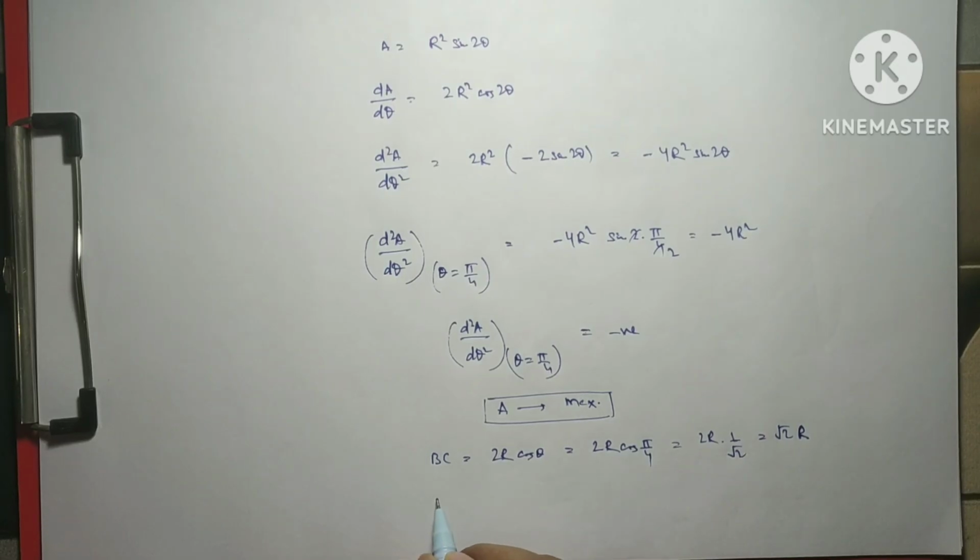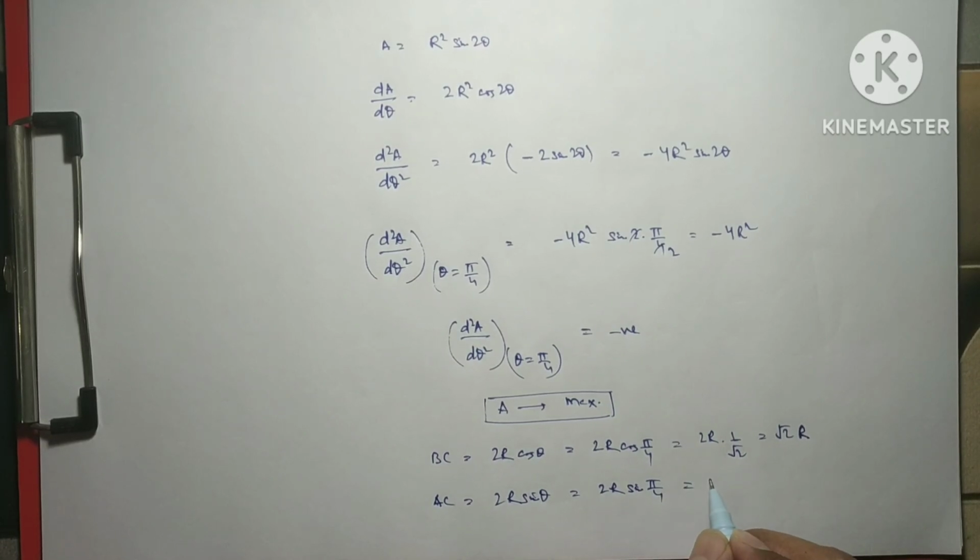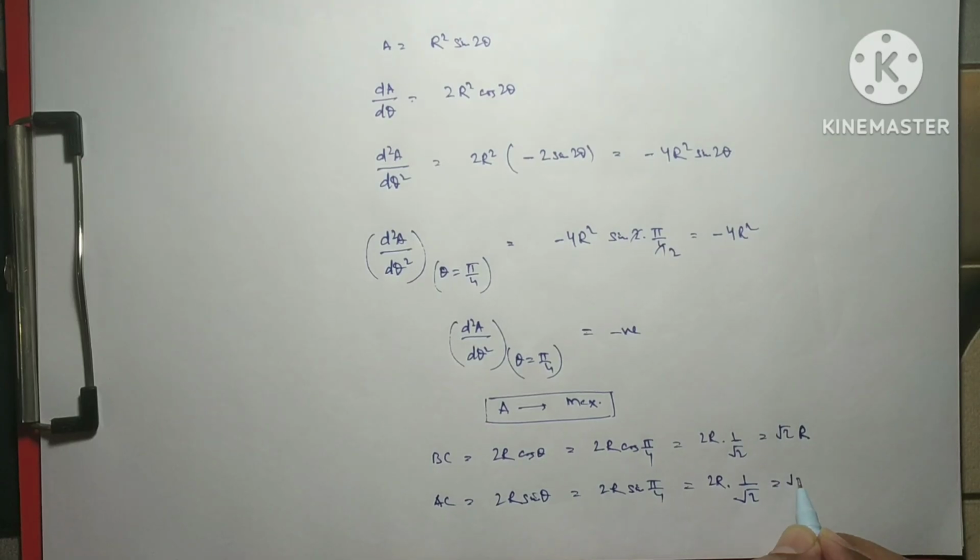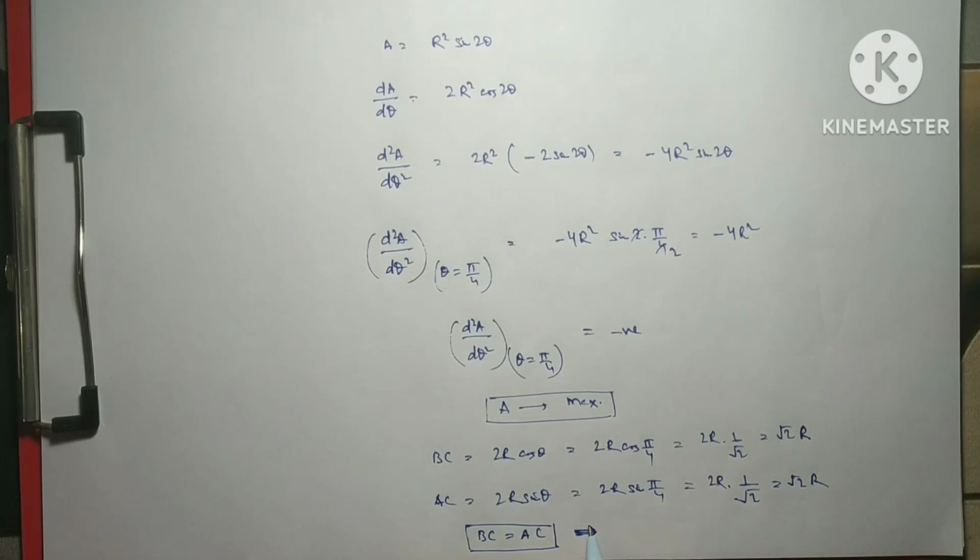And AC is 2r sin theta, and it is 2r sin pi by 4, so it is the same thing. 2r sin pi by 4 is also 1 over root 2, so we get root 2 r, meaning BC equals AC. So two sides of the right triangle are equal, which shows maximum area. Right now, according to this information, it is an isosceles triangle.